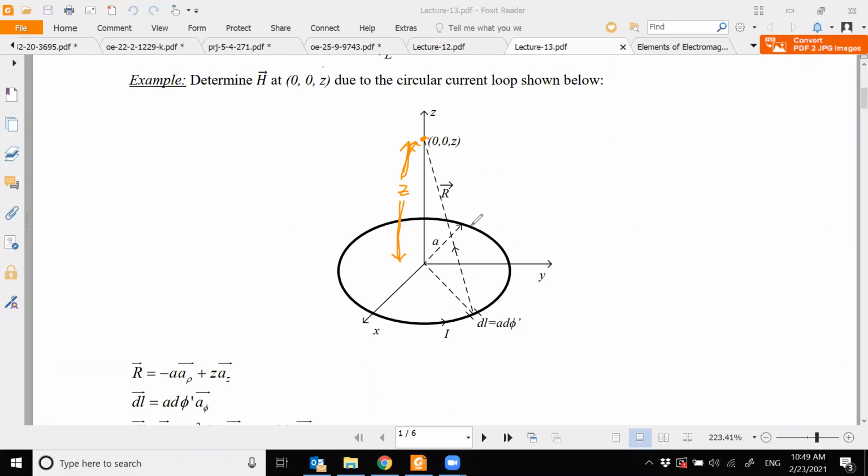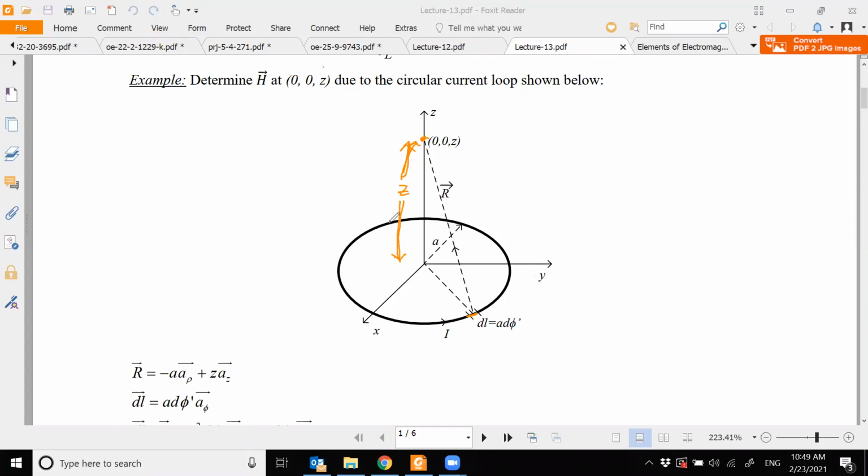This ring has a radius of a. So take a small elemental length dl. But since it's a ring, you have to go for the cylindrical coordinates and find what dl is in cylindrical coordinates. So this will be r d phi, but the radius of the ring is a, so it is a d phi. And again, I'm using dash because it is representing the source.